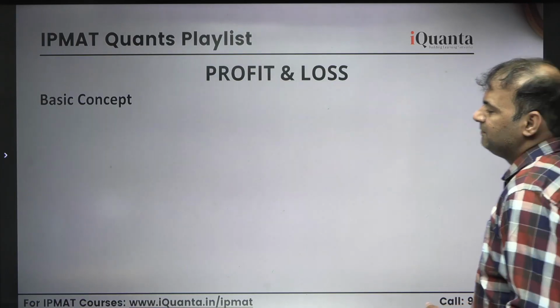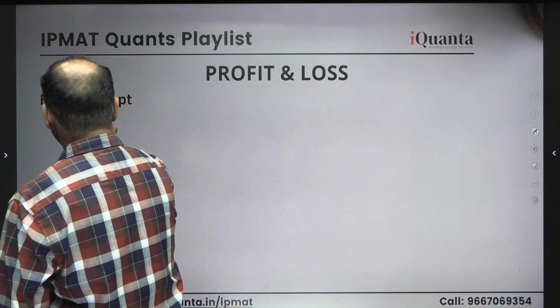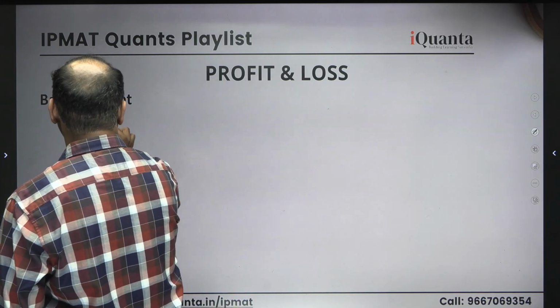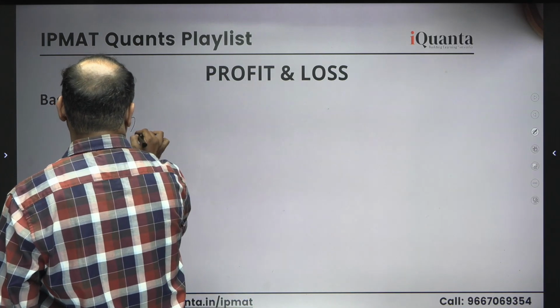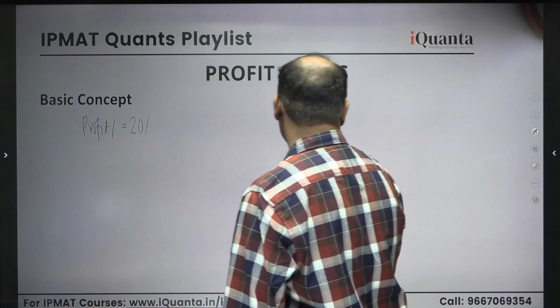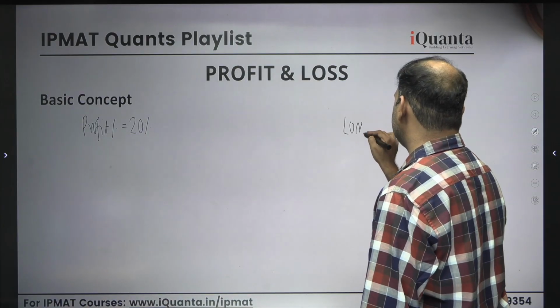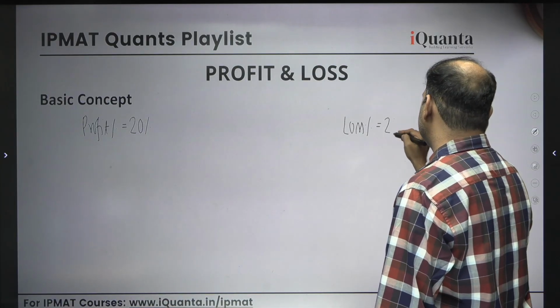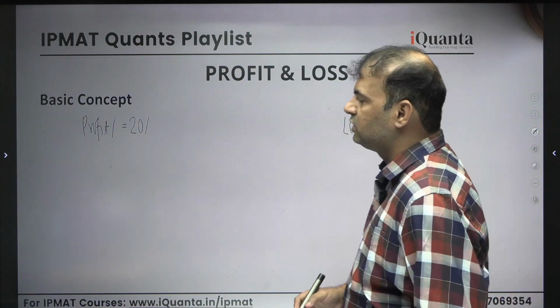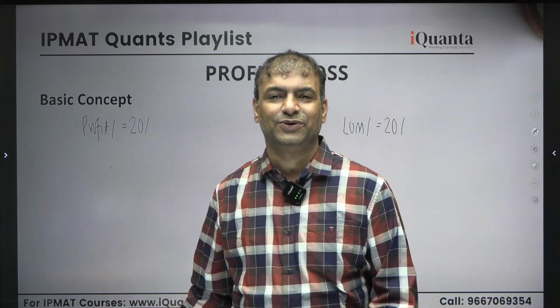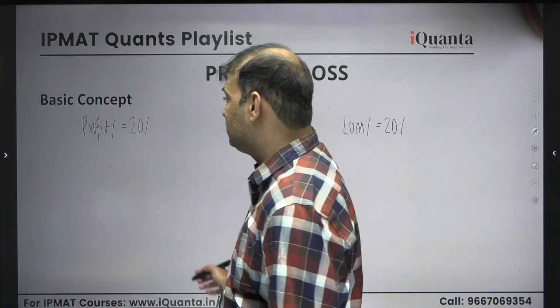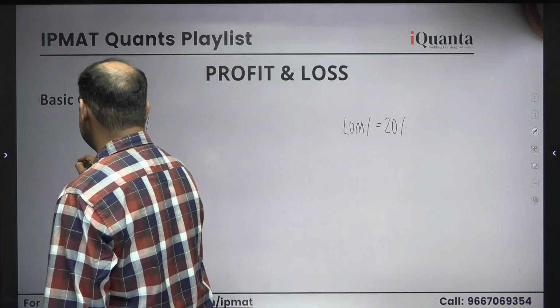All right, suppose we are given that the profit percentage is 20%, and let's say the loss percentage is also given as 20%, and we have to find the relation between the cost price and selling price in both of these cases. We just learned that profit percentage is a kind of percentage increase, right?